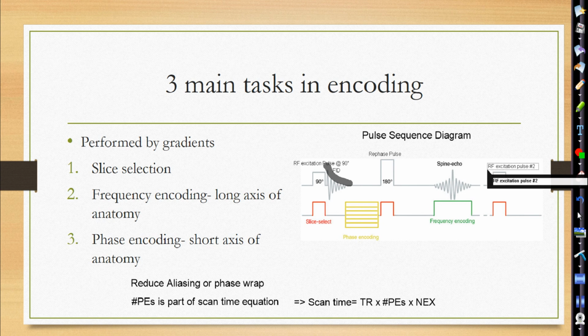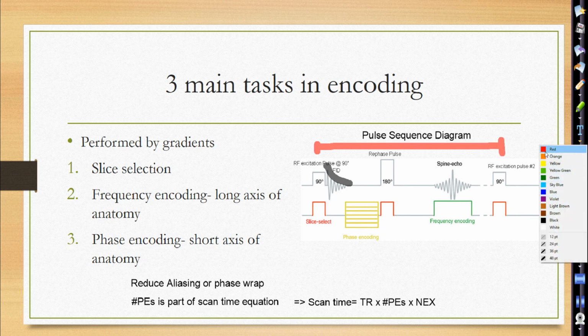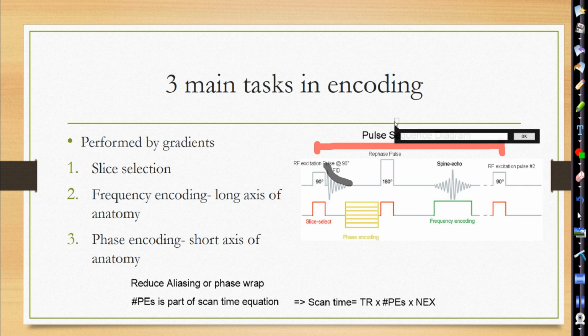You can say number 2. So this time, between the first RF pulse and the second RF pulse, is what we call our TR, repetition time. So when we're changing our repetition time, we're changing the amount of time between our excitation pulses.